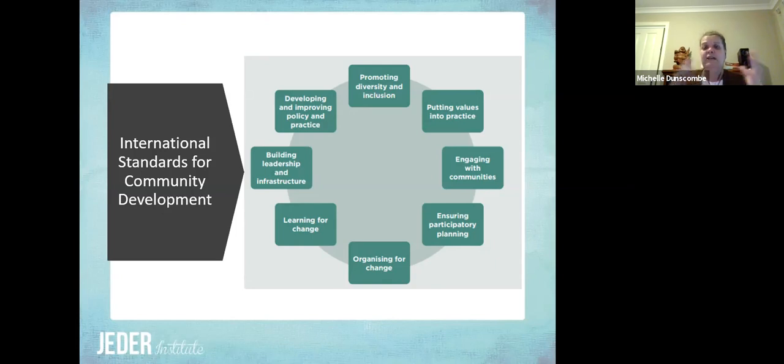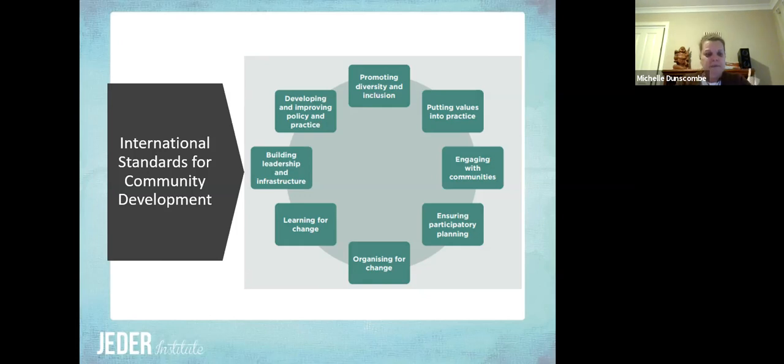So they're quite large statements. And what does that actually mean? What are some of the elements? How do I understand what ensuring participatory planning is, or any of those 8 elements?